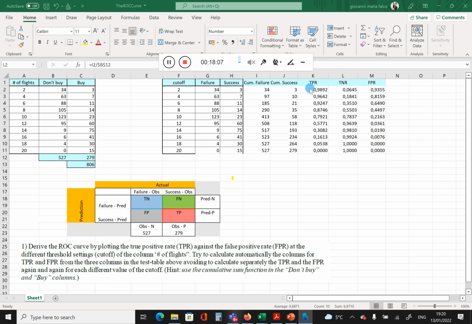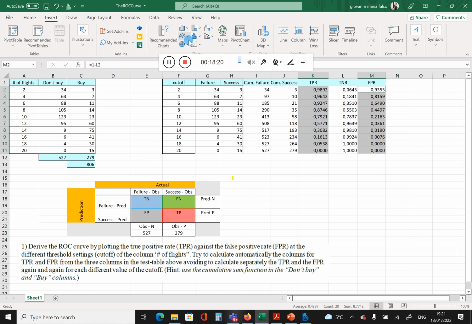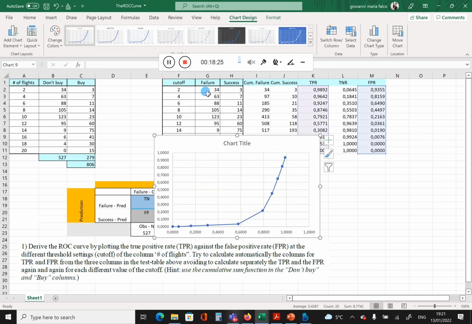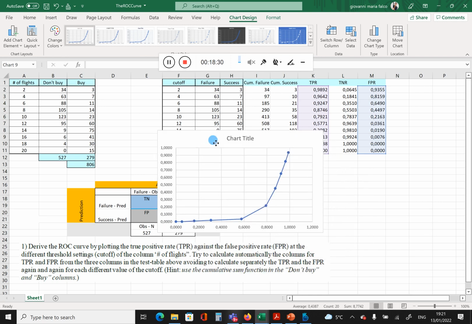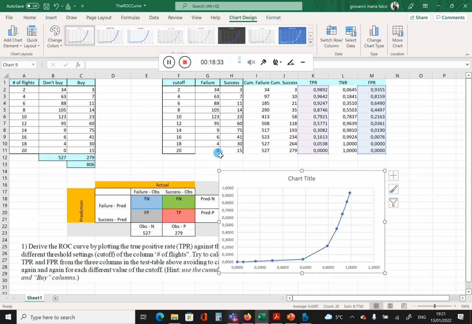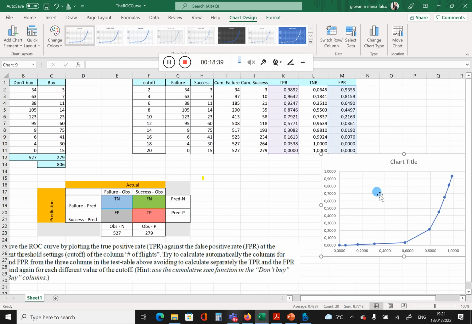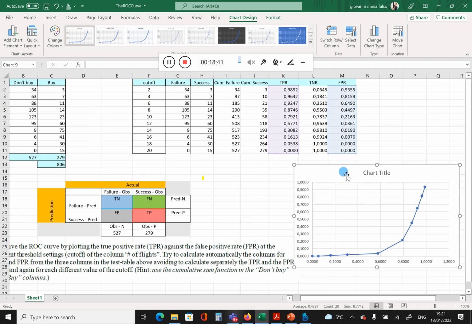So I choose these two columns, then insert, and choose the scatter plot with lines. But at the moment I have the x and y axes inverted, because the true positive rate is on the x-axis, so I want to exchange these two.